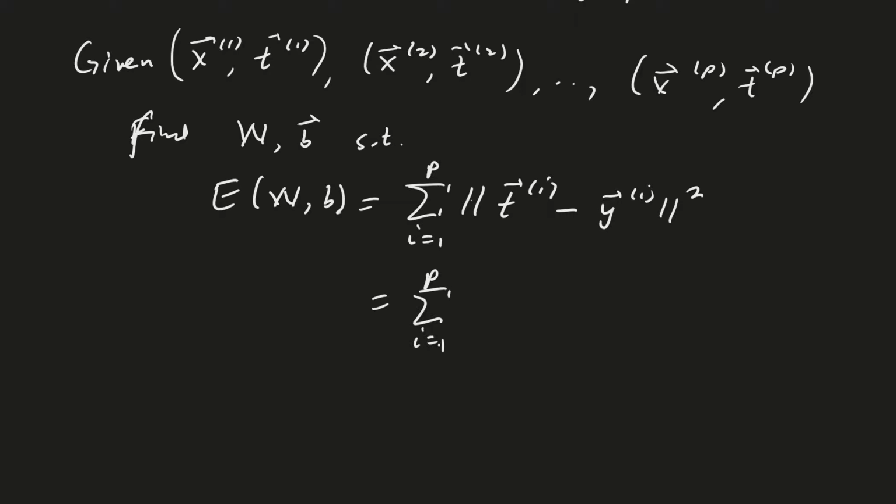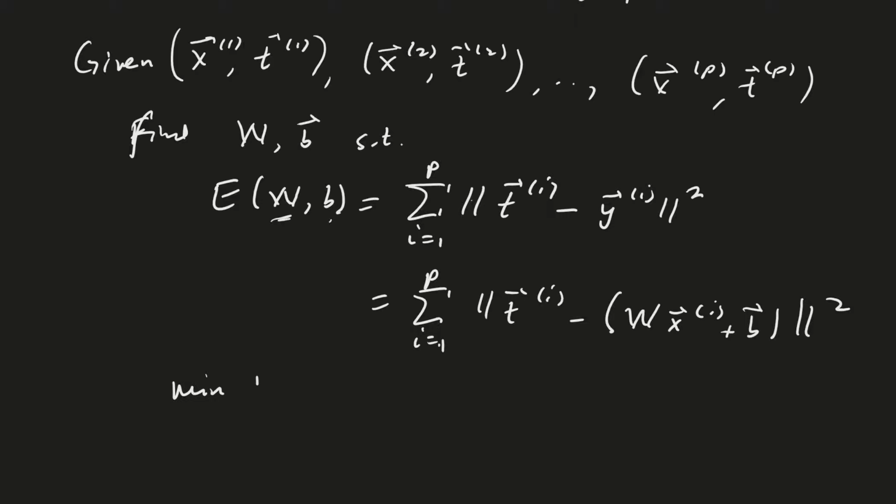Writing this in terms of w and b, this would be ti minus (w xi plus b), squared. Good. And so we want to minimize the error.